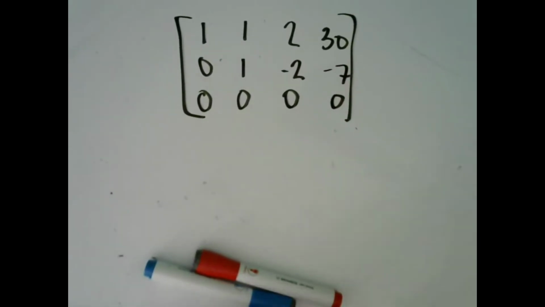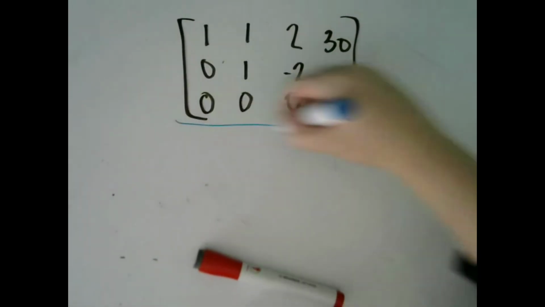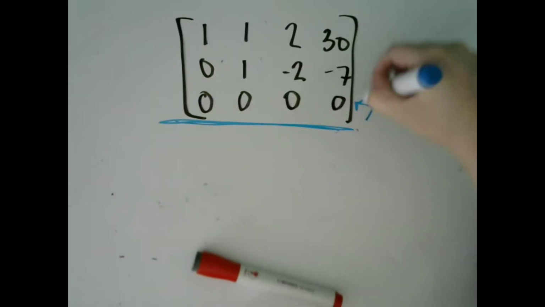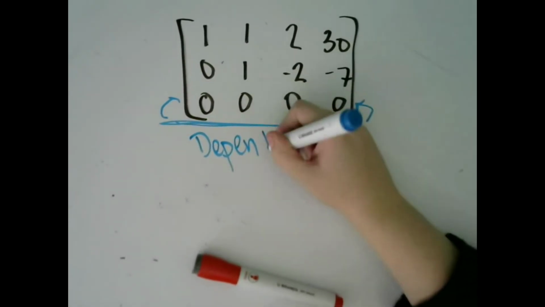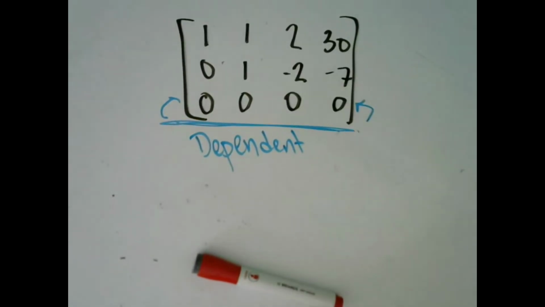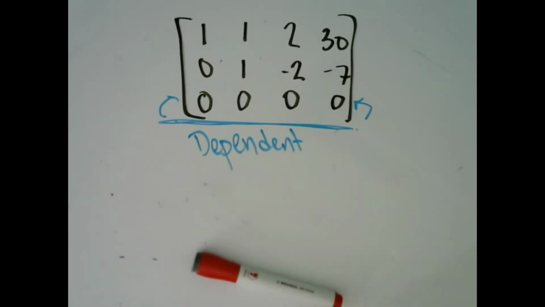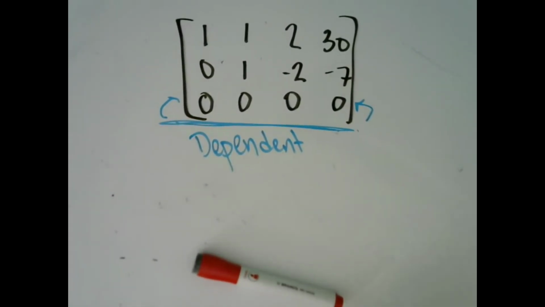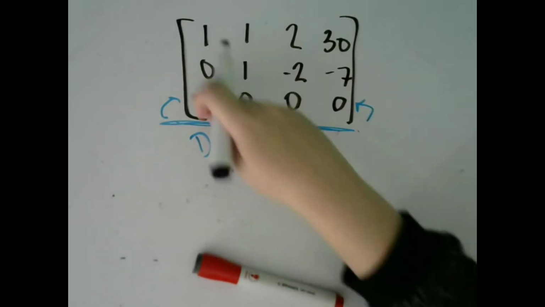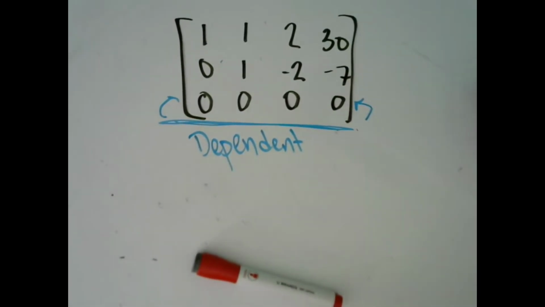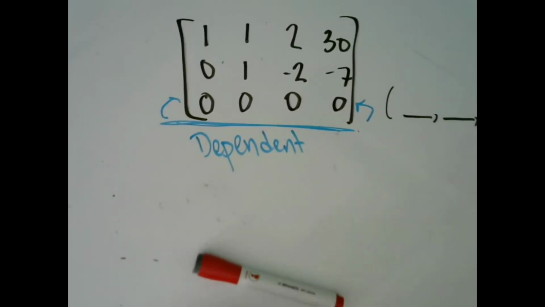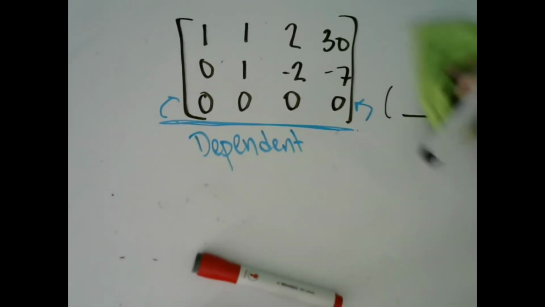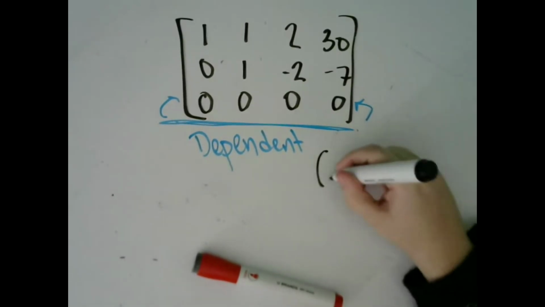This row, the 0, 0, 0, 0, is what makes this a dependent system. And when you run into a dependent system, you are going to leave your answer in terms of the third variable, or the row that has zeroed out, which is z. So my answer is going to be something, something, and then still say z.